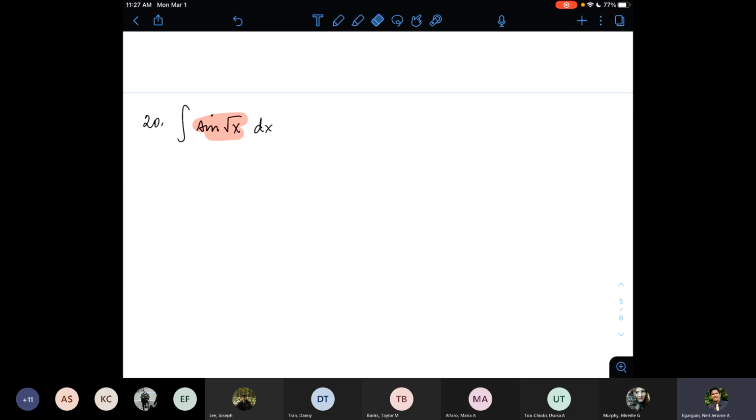So here we don't have any other choice but to take u to be equal to sine root x, and then dv to be chosen as dx, right? Again, the reason is I only have one factor here, and I will not choose dv to be equal to sine root x, because to get v, I need to integrate that, and we are having difficulties integrating sine of root x, right?